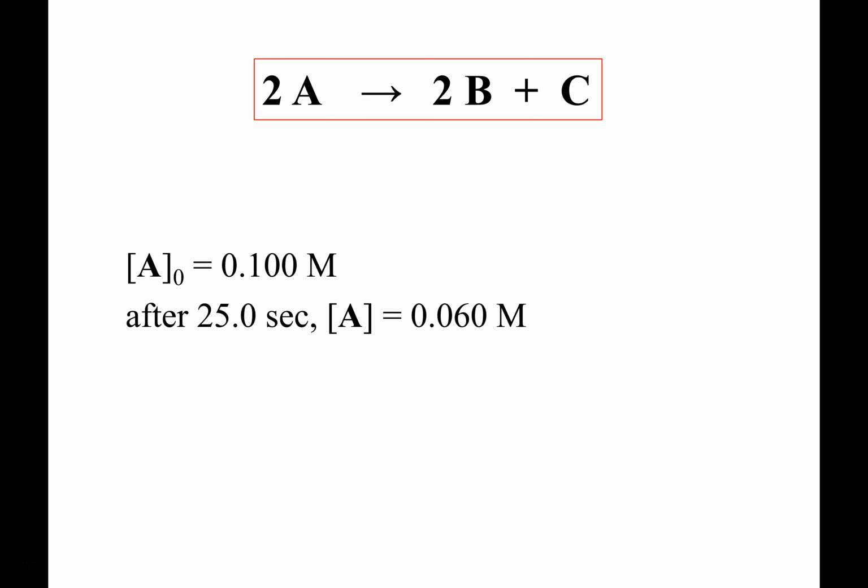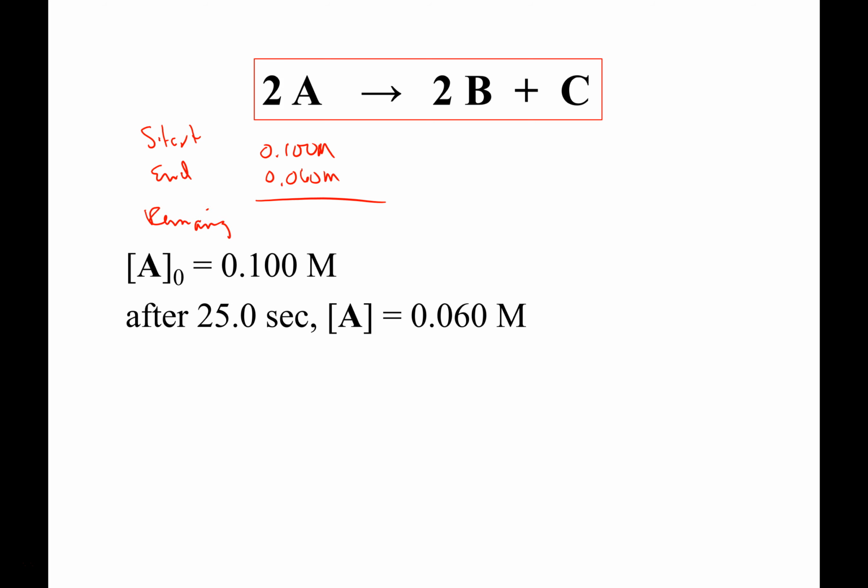I'm actually going to move this, because you're going to have to be able to think this through. I've never done it like this, but start, end. So for instance, I started with 0.100 moles per liter and I ended with 0.060 moles per liter. And actually, I can come up with a remaining if I need to.